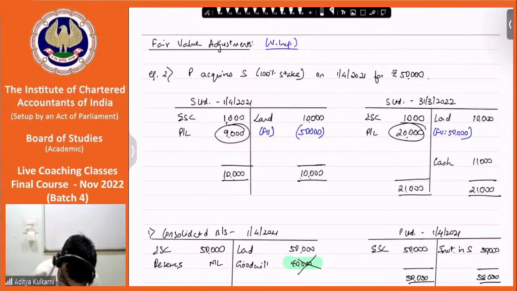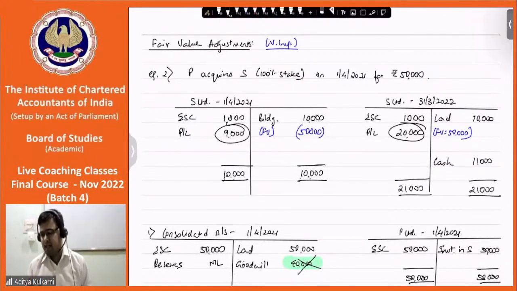Now, in place of land, it is building. You can take building, you can take machinery, any asset. So, in place of land, it is building 10,000. On 31st March 2022.